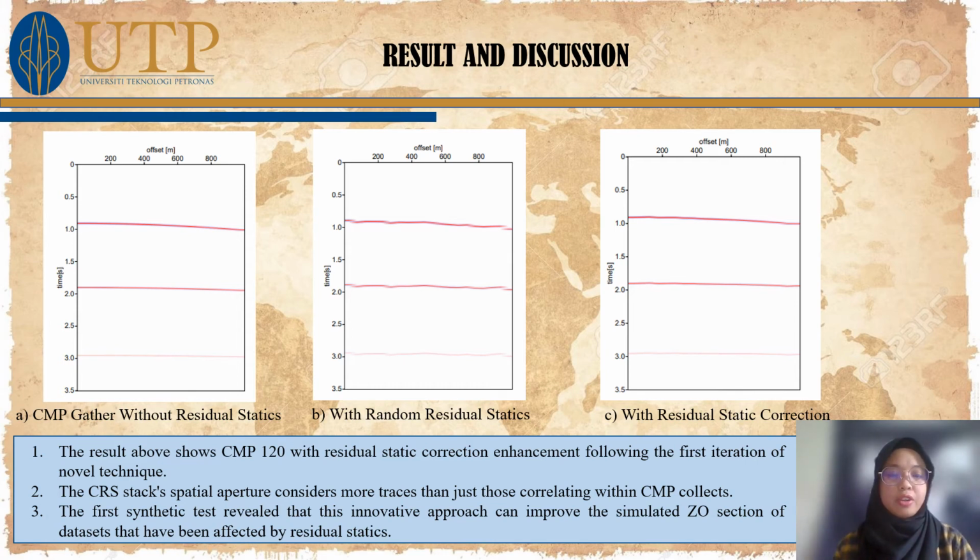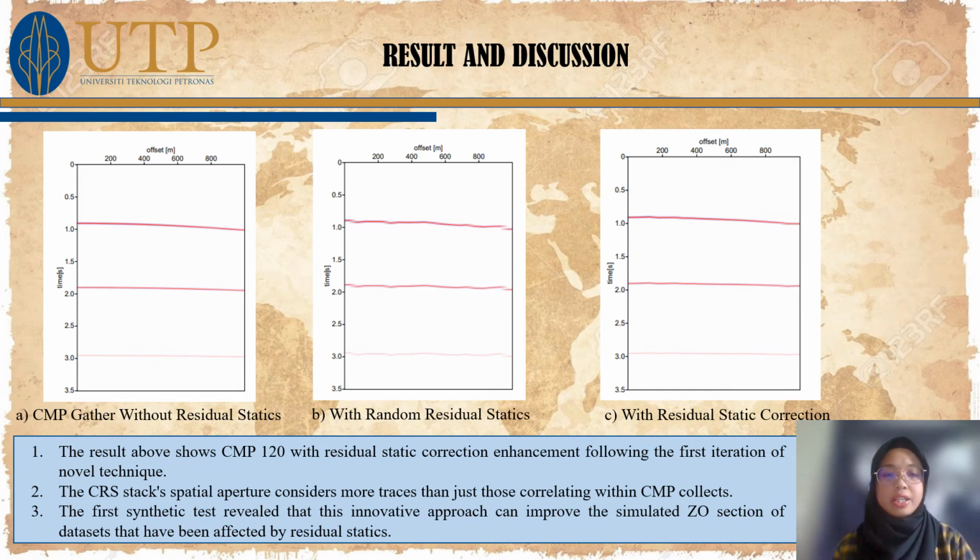As for the next result, A is the CMP gather without residual static, B is with the random residual static, and C is with the residual static corrections. The result above shows CMP 120 with residual static correction move-out enhancement following the first iteration of the novel technique.